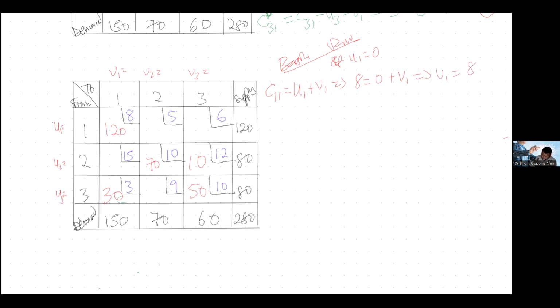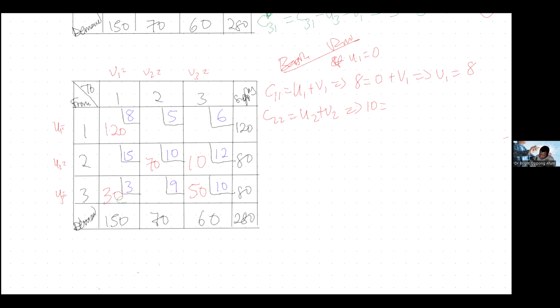All right. C22 is equal to U2 plus V2, and we have C22 is 10, so 10 is equal to U2 plus V2.